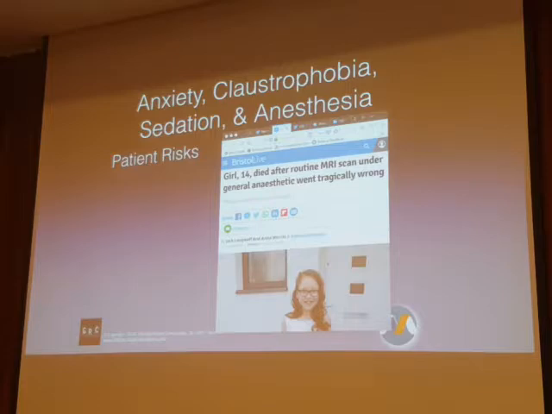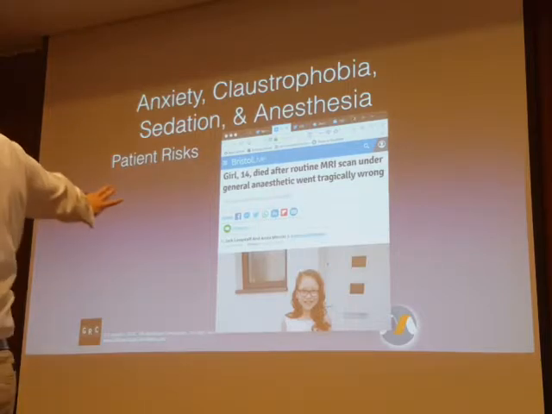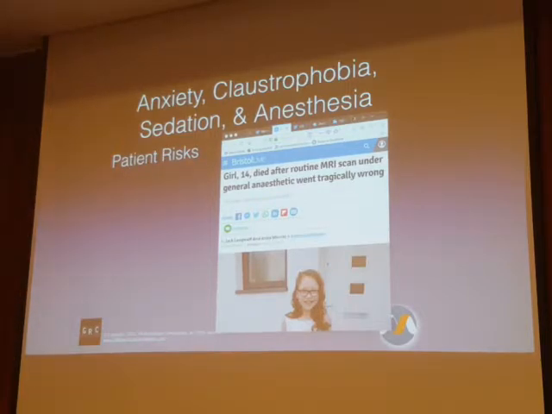What does appear to be at least contributing to this girl's death is that when things began to go badly for her, there was not a clear set of actions that had been prescribed in terms of how we're going to deal with a patient who is sliding into respiratory distress.